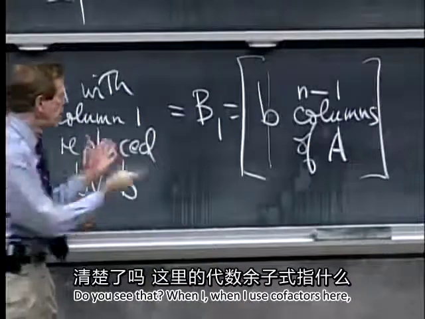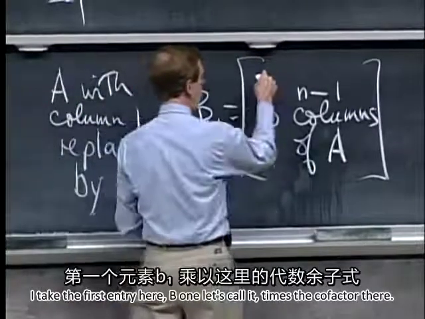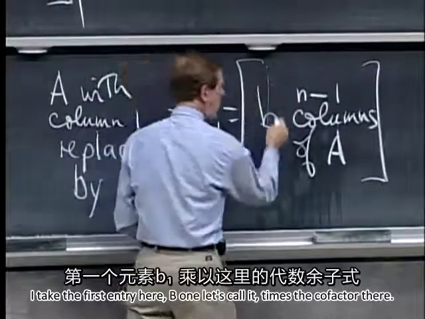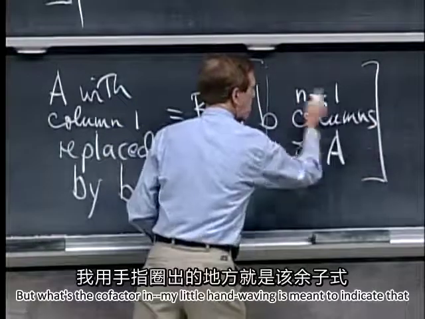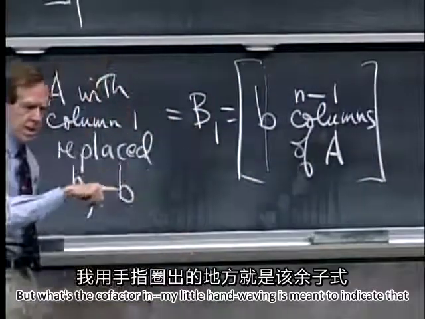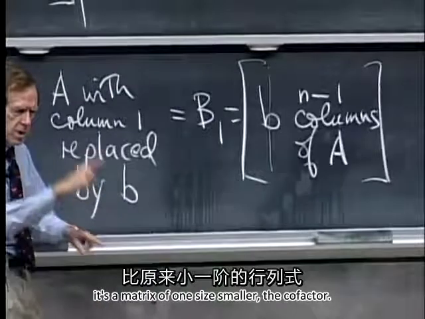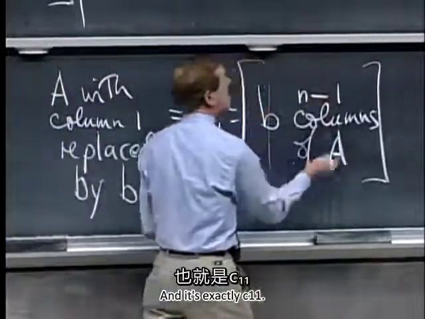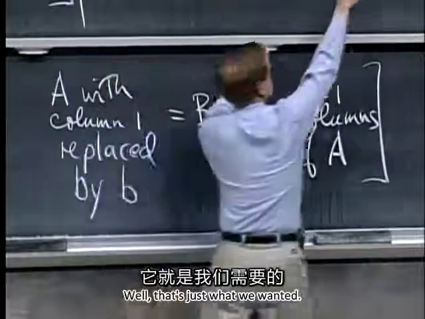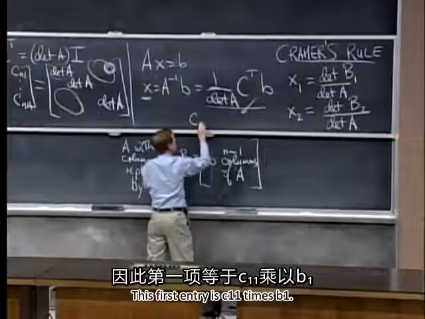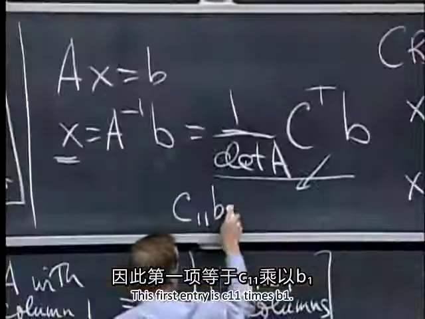When I use cofactors here, I take the first entry here, B1, let's call it, times the cofactor there. But what's that cofactor? And my little hand waving is meant to indicate that it's a matrix of one size smaller, the cofactor. And it's exactly C11. Well, that's just what we wanted. This first entry is C11 times B1.